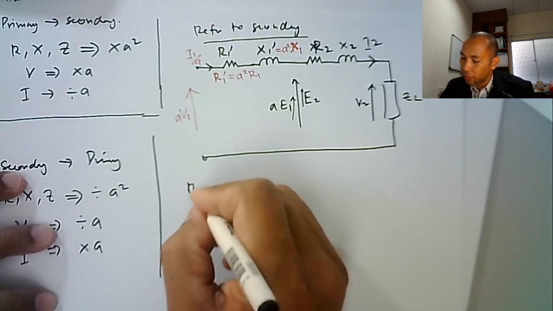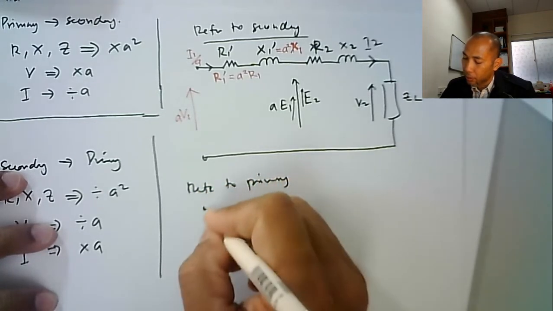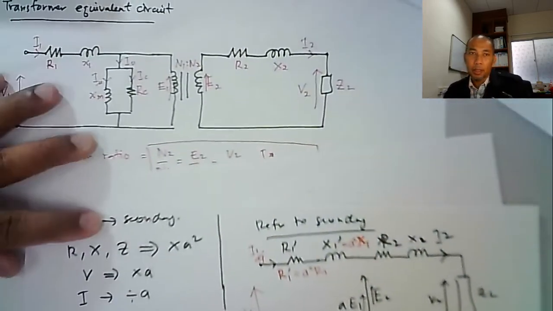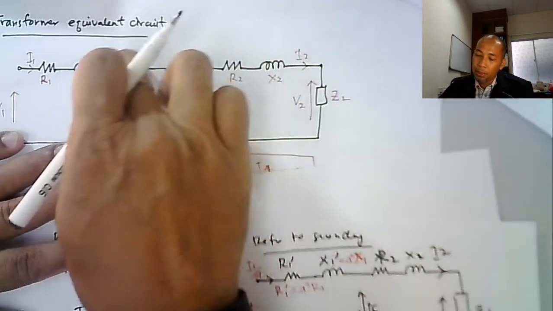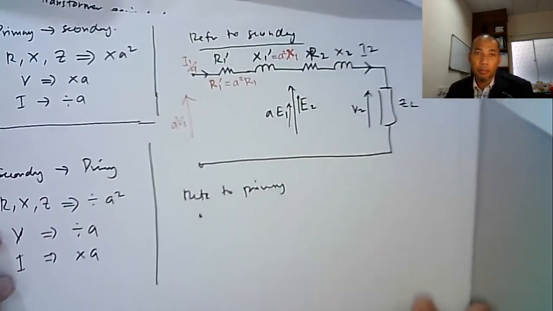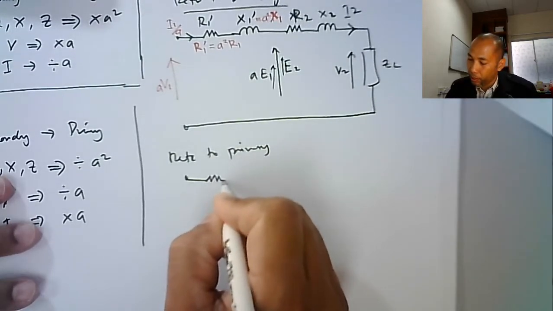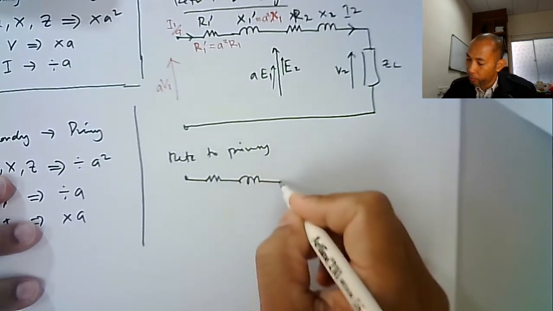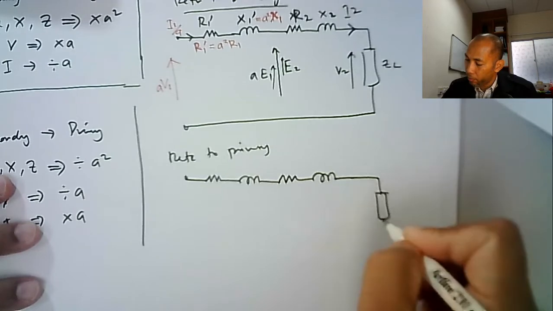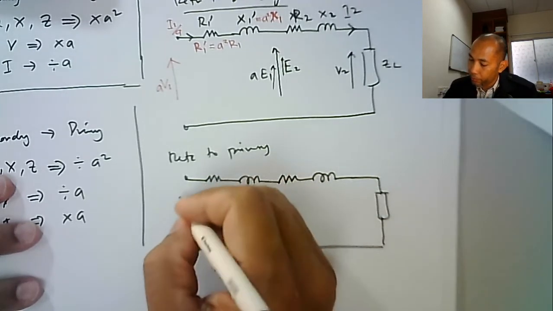So now refer to primary. Refer to primary means that we bring all the secondary parameters to the primary side. So we maintain the value of primary parameters.